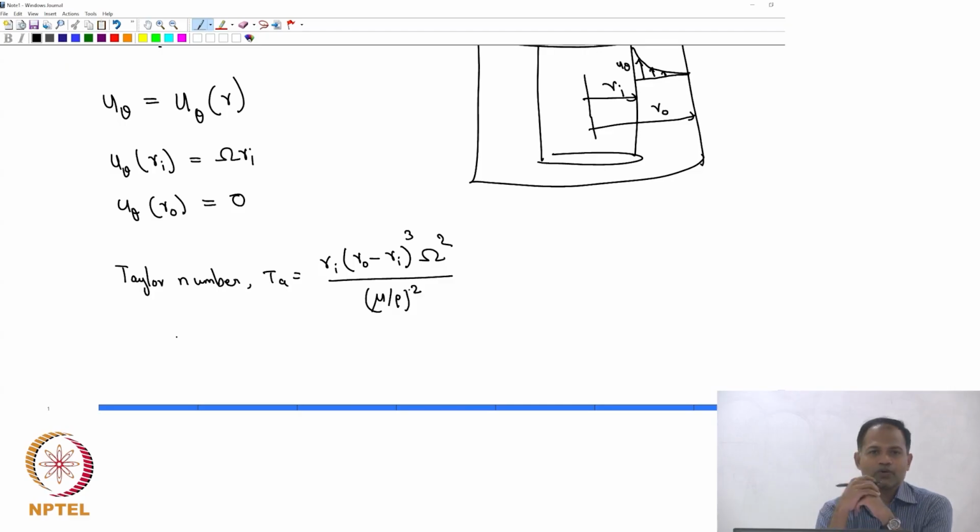What is mu by rho? It is the kinematic viscosity, dynamic viscosity by density. What would be the units of this thing, mu by rho?